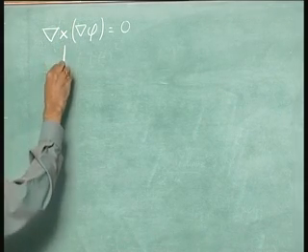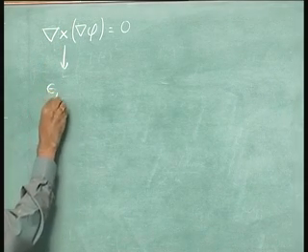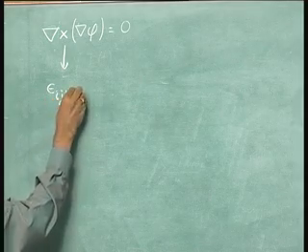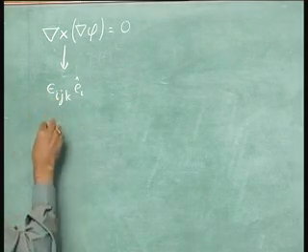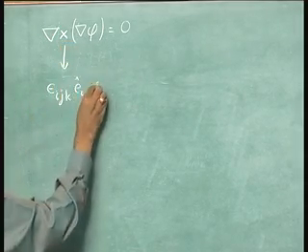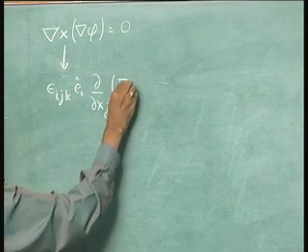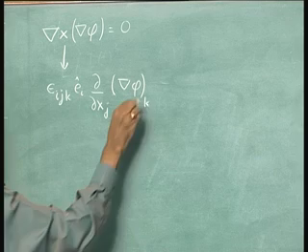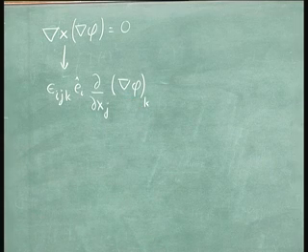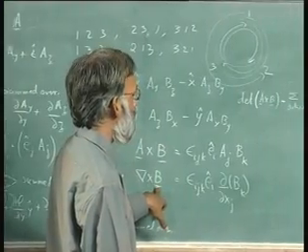Well, what does this become? This becomes epsilon i j k e sub i del del x j of gradient phi in the kth direction. That is coming out of the definition of curl.